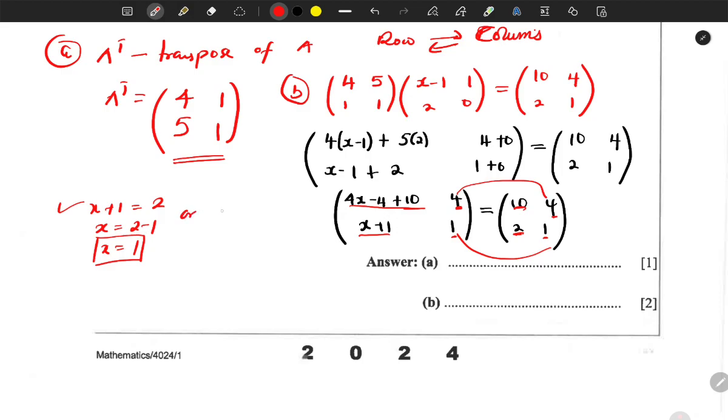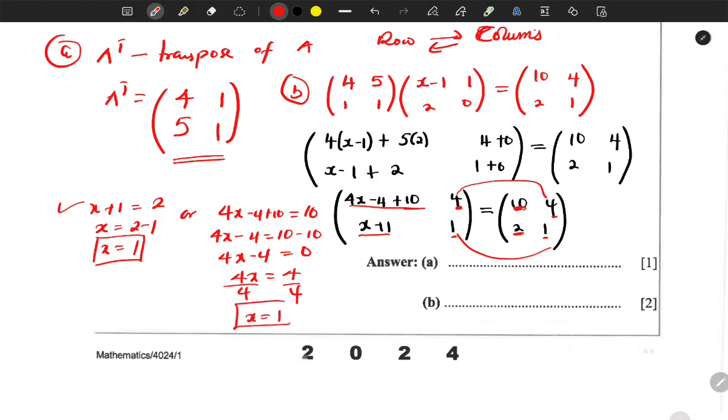Or you can say 4x minus 4 plus 10 is equal to 10, so 4x minus 4 is equal to 0, and 4x is equal to 4. Dividing by 4, you get x equal to 1. You are still getting the same value of x.